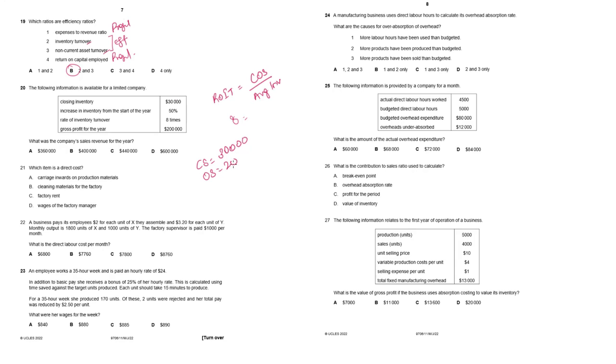It will be 20,000, because 20,000 plus 50%, 10,000, gives you 30,000. So how much is the average? 25,000. So in this formula, 8 is equal to cost of sales upon 25,000, so cost of sales is equal to 200,000.